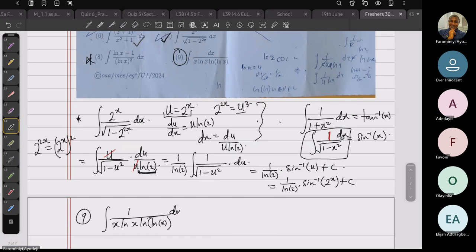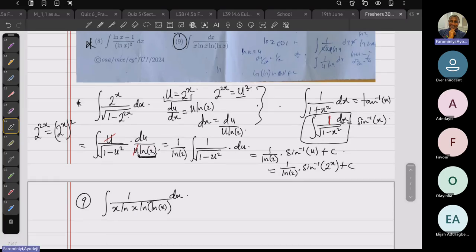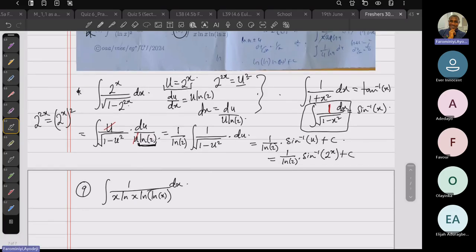Interesting. Okay, so again, of course, we know that it is u substitution. So you can go ahead and say u is equal to natural log of x, but I want to take a bolder step and say u is equal to natural log of natural log of x.